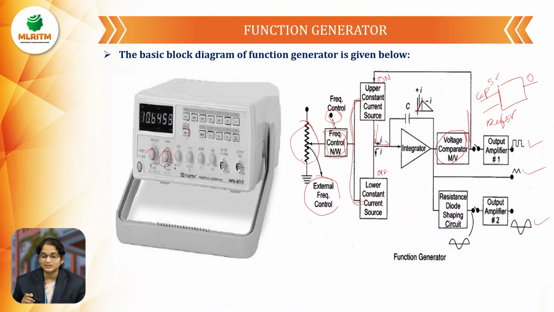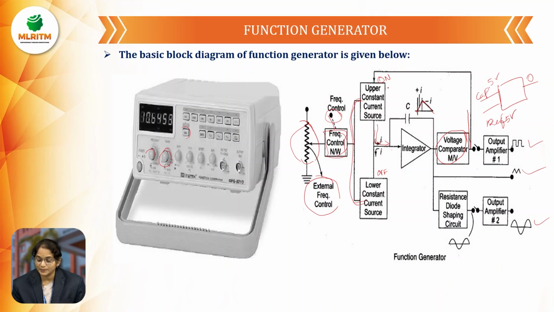Then it starts discharging, and at that time the lower constant current source is in the off state.